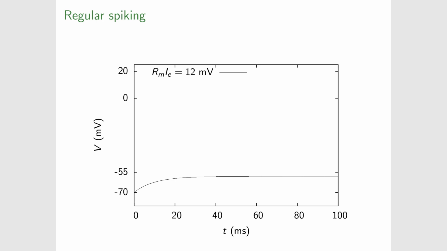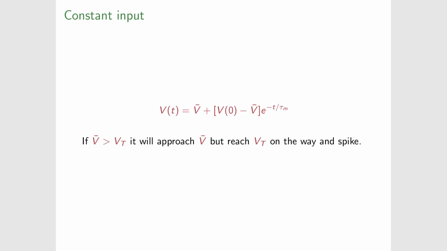We have tau m equal to 10 milliseconds, for example, and RMIE equal to 12 millivolts. IE is a current, RM is resistance. If you multiply the two together, you get effectively a voltage. With that value, V bar is less than minus 55 millivolts. And so we can see here that the voltage is heading towards its equilibrium value, but it's never crossing it, and so the neuron never spikes.